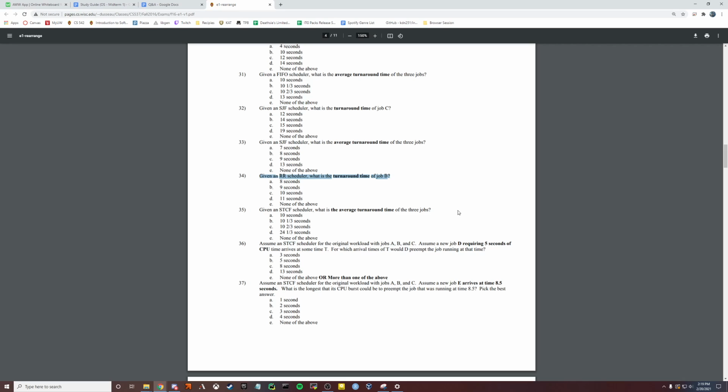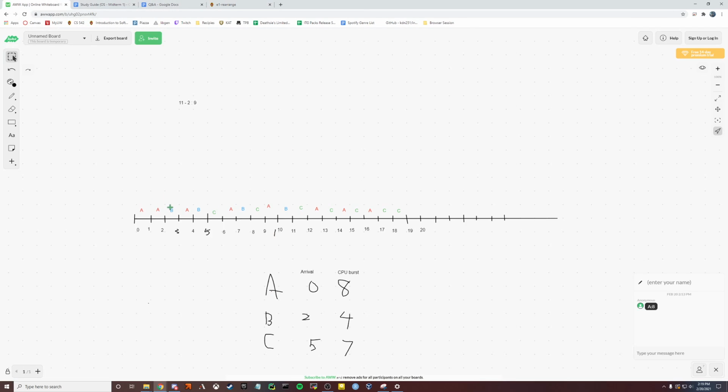35: given a shortest time to completion first scheduler, what is the average turnaround time of the 3 jobs? So B would show up and complete entirely, so the turnaround time would be 7 minus 2, which is 5.